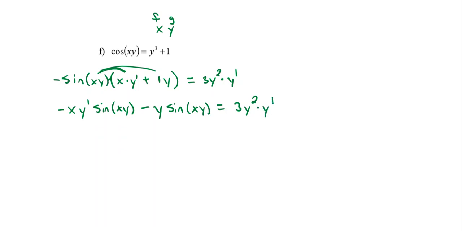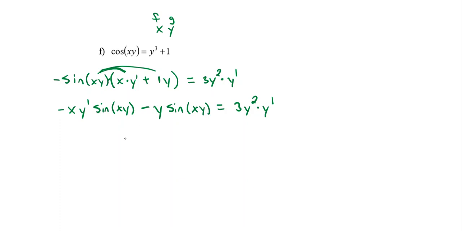All right, so now remember what we're after here, right? We want to find the derivative, so I want to solve for y prime. Our strategy here is typically to get the y primes on the same side and then factor out the y prime. So I'm going to move this term to the other side.